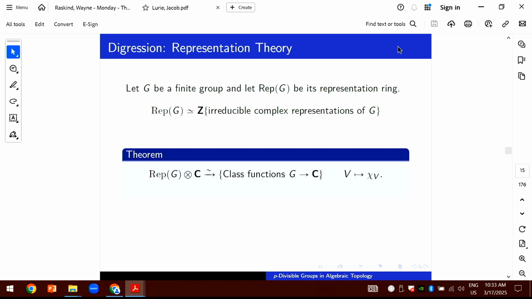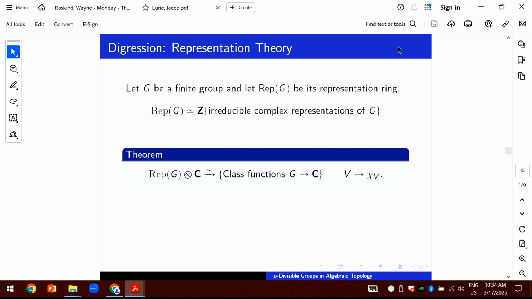So I asked Google this question, who proved this theorem? And I actually asked it a couple of times using slightly different wording. And I got a lot of different answers. According to Google, this was proved by Frobenius and by Schur and by Brouwer and by Kaplansky. I'm pretty sure that last one is wrong, but who knows?